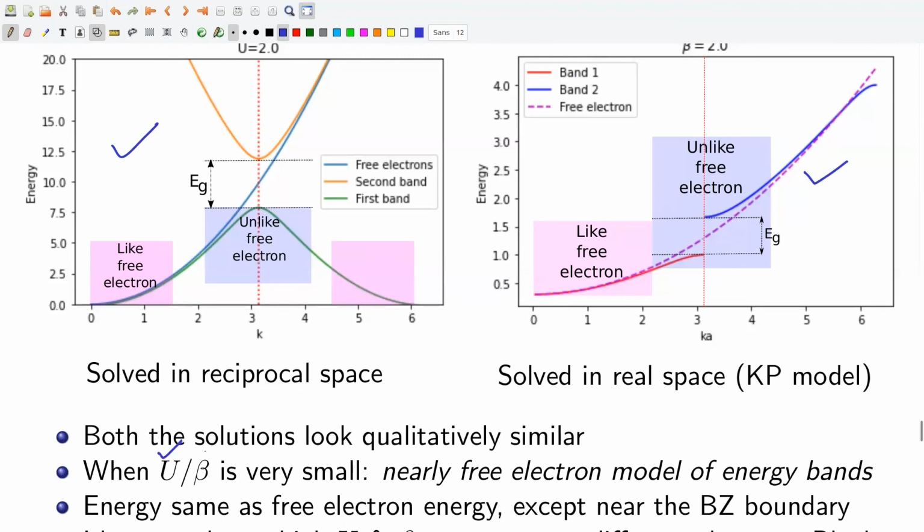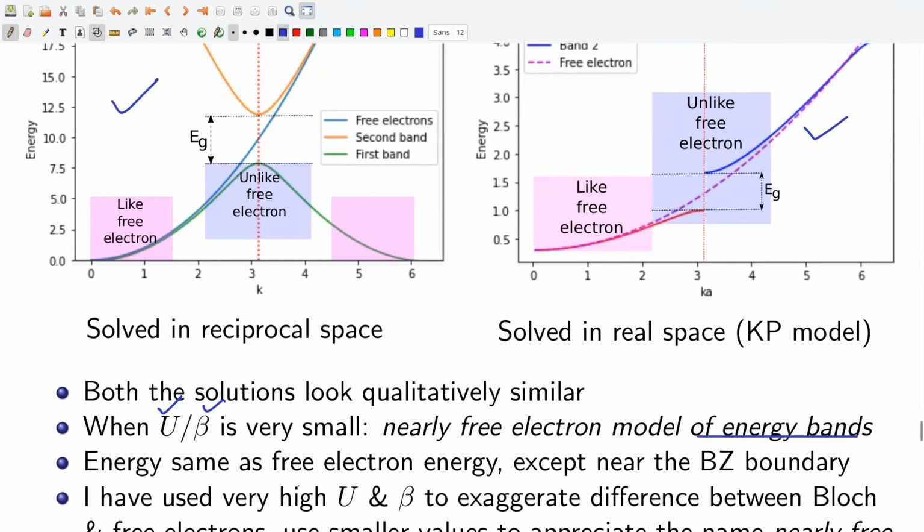When U or beta is very small, we call it a nearly free electron model of energy bands. The name originates from the fact that the energy of the Bloch electrons is the same as the free electron energy except near the Brillouin zone boundary.